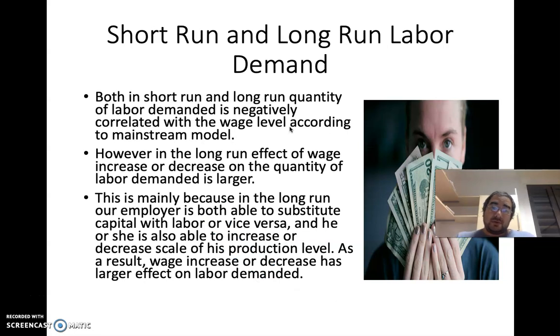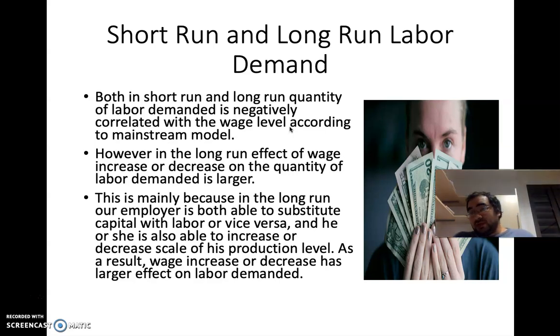So what about the short run and the long run? Well, both are negatively correlated with wage. If you remember, when you have a wage increase in the short run, because of the diminishing marginal productivity, this will decrease the quantity at which the value of marginal product of labor is equal to the wage level.